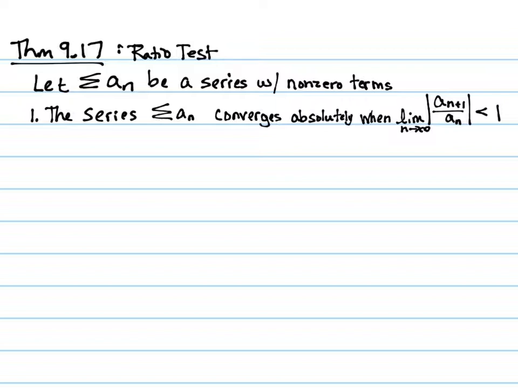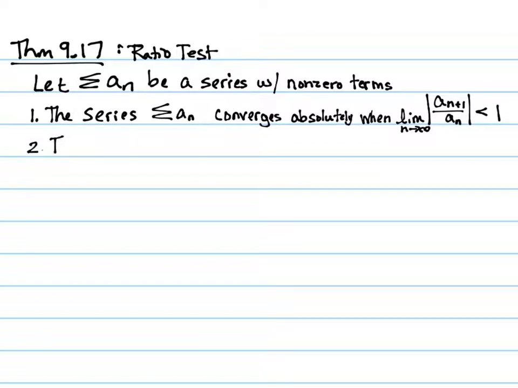It will converge. This is why the positives and negatives don't matter here. But you can see there'd be a problem if there's zeros, right? Because if there's a zero term, at some point it ends up in the denominator, and we would have a problem.